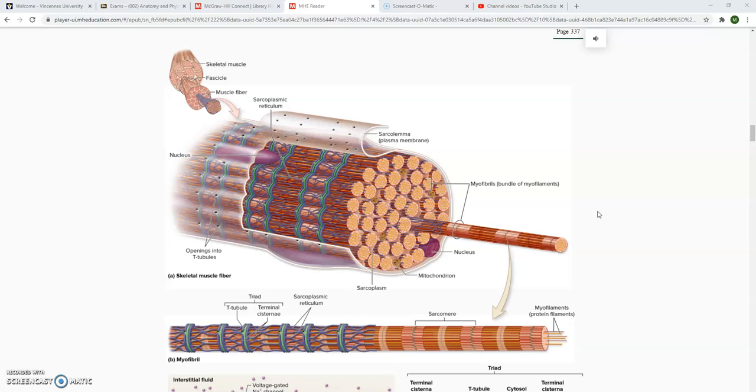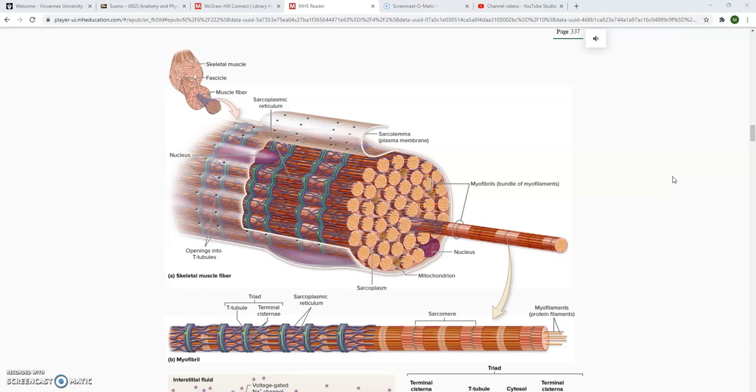As we go through here, I'll refer to what they put in parentheses that represents them. So the first part of the skeletal muscle cell that we need to be familiar with is the plasma membrane. But again, it has a special name in the skeletal muscle fiber.